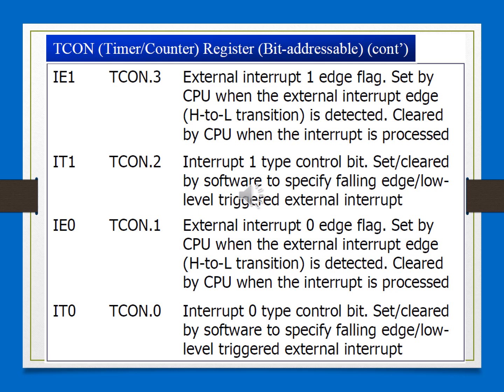IE0 and IE1 are the flags that get set only when a high to low transition is detected, that is, only when the external interrupt signals are detected, and that is then indicated in the flag bits in the TCON register.